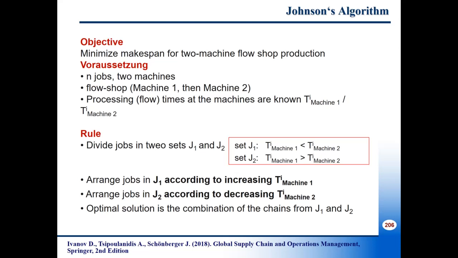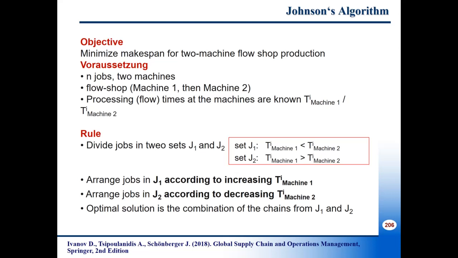The Johnson algorithm starts with splitting up the job backlog into two subsets, J1 and J2. All jobs i whose processing times Ti' for machine 1, for painting, are shorter than the processing times Ti' for machine 2, for coating, are put into J1.